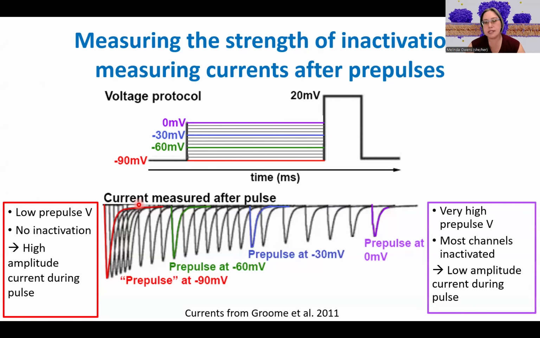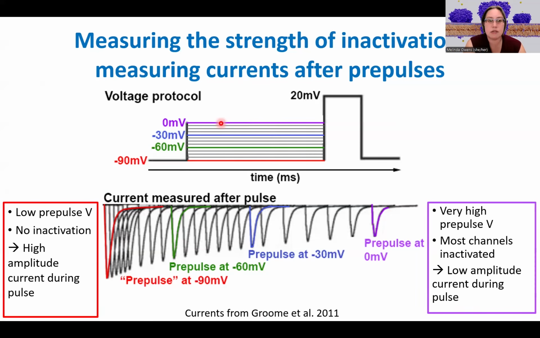And let's contrast that with pre-pulsing at 0. If you pre-pulse at 0, which is actually a rather high voltage, most channels at some point during this pre-pulse period will open and then inactivate. The trick is the pre-pulse has to be a really long time, to let all the channels that are going to inactivate do so.